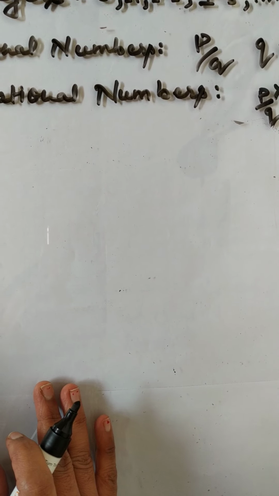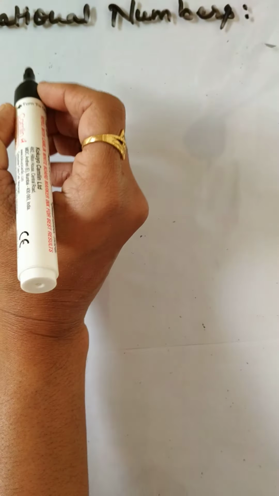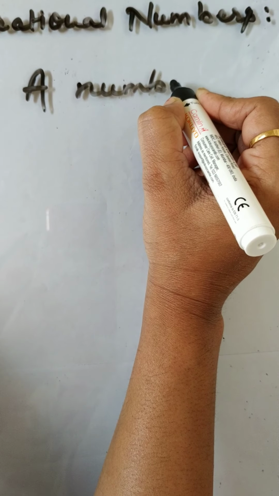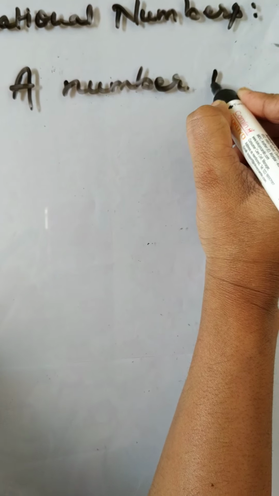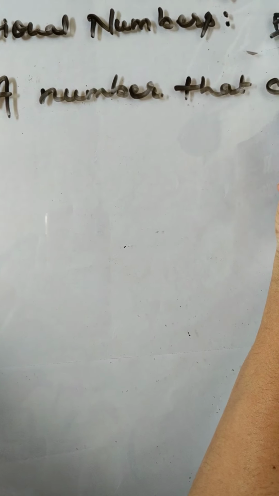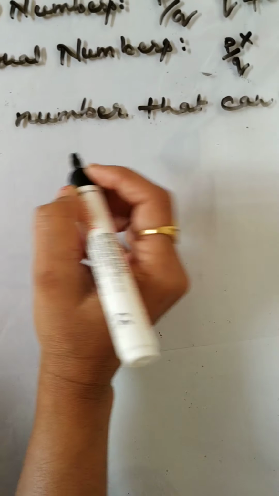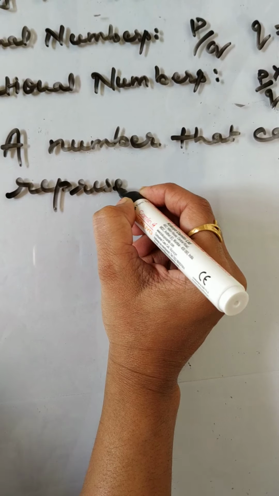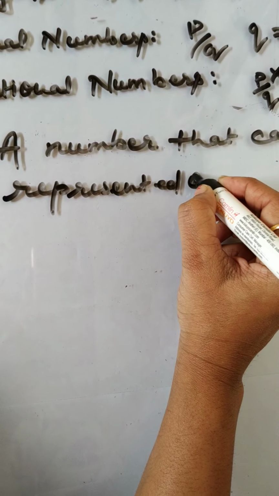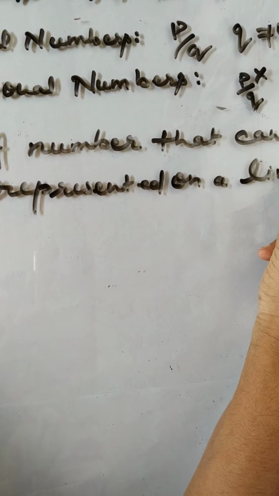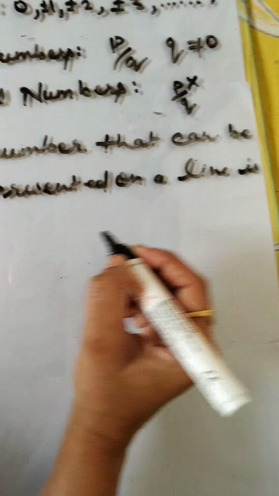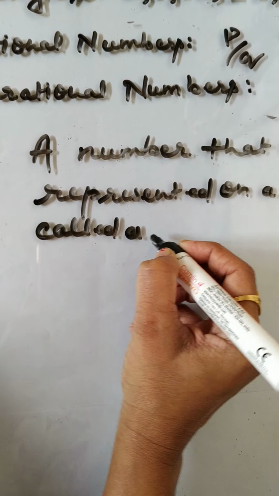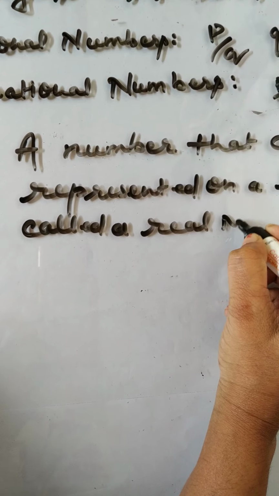In simple language, we can say that a number that can be represented on a line is called a real number.